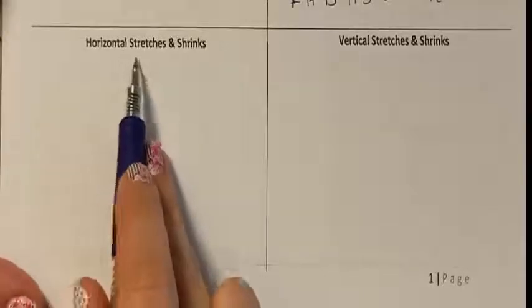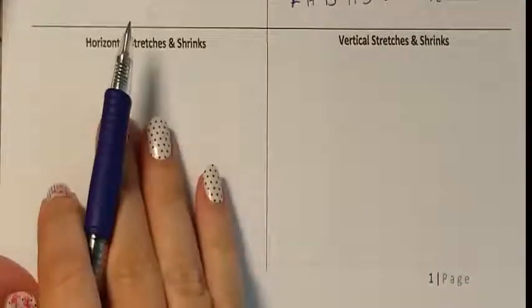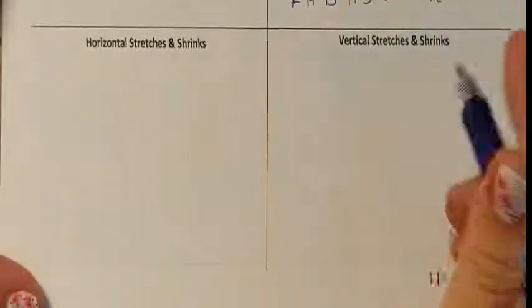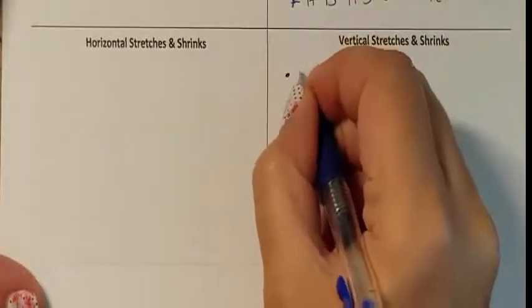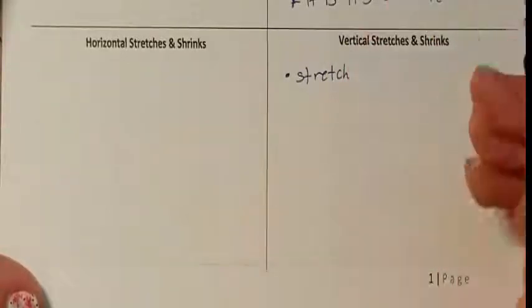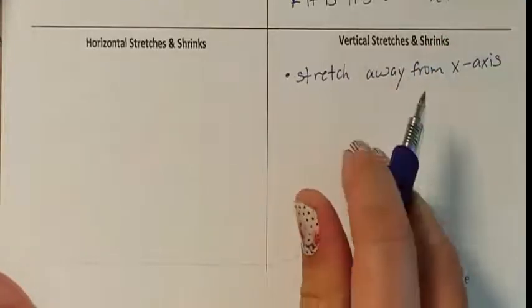So now let's look at our horizontal and our vertical stretches and shrinks. This involved all of our A's. So let's do vertical. We're used to seeing our vertical. So if I am stretching, I'm going to stretch away from the x-axis because I'm stretching.